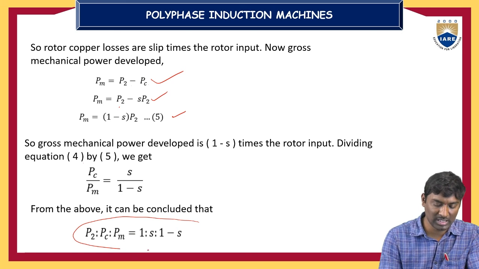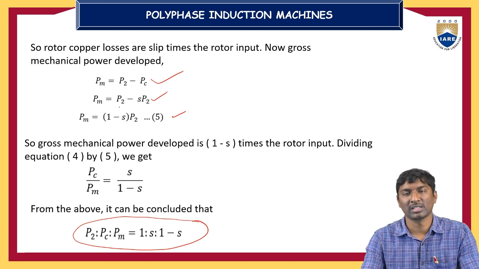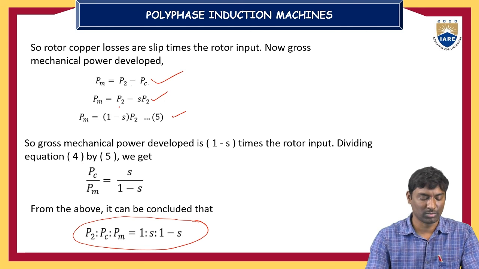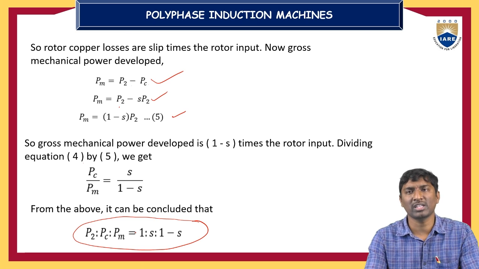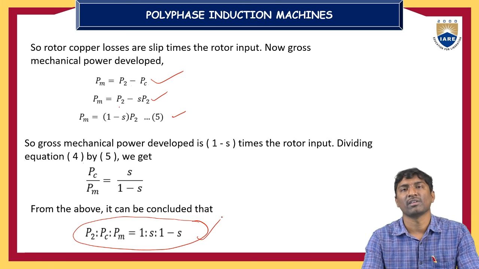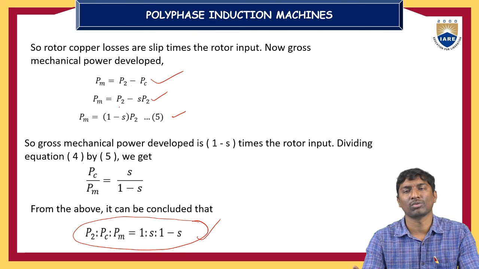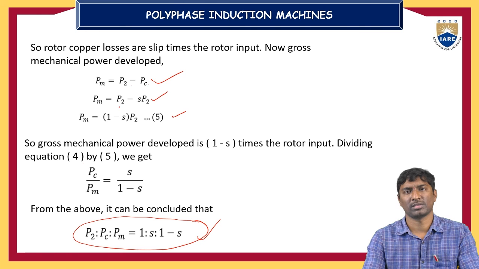This is the relation between the rotor input power, the rotor copper losses and the output power. Based on this relation, we can find the solutions for induction machine problems.